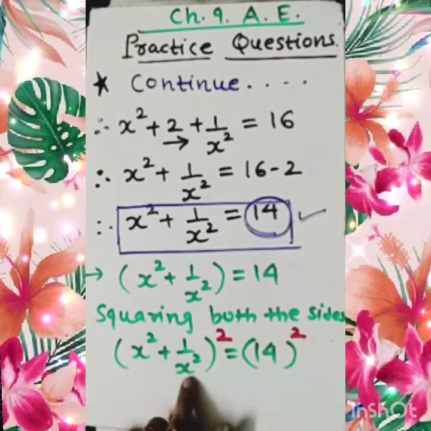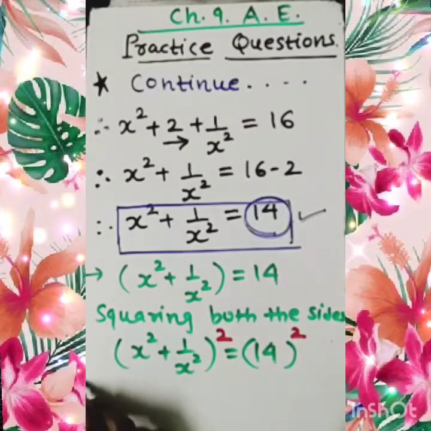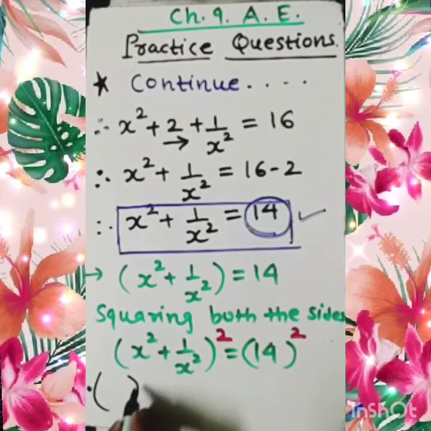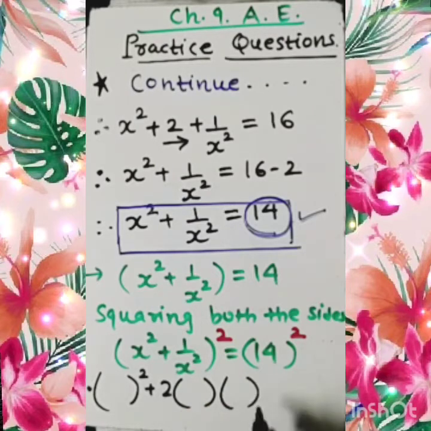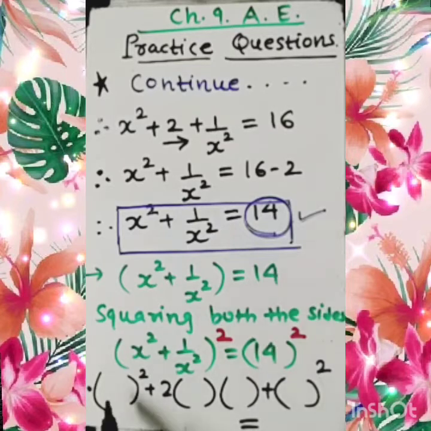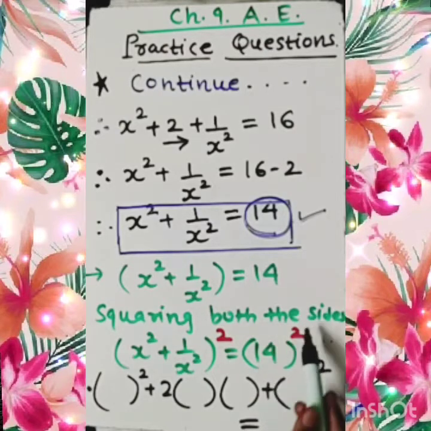(a plus b) whole square, that identity if I apply here, then I need to write a square plus 2ab plus b square. This is the LHS side: a square plus 2ab plus b square equal to, what is 14 square?